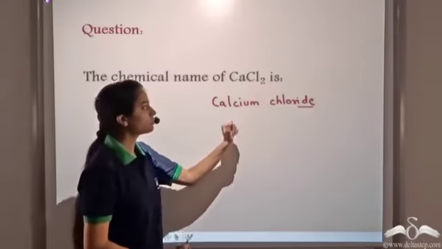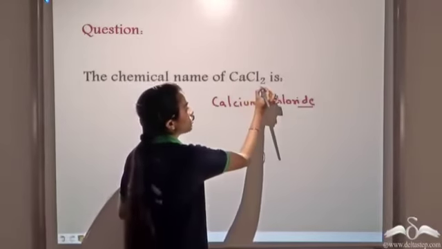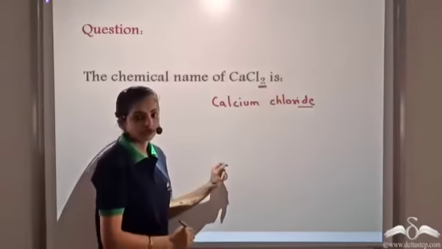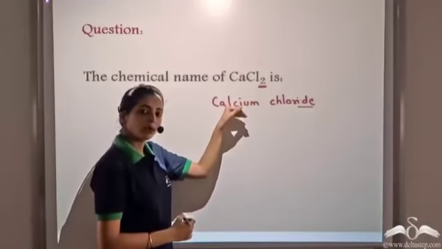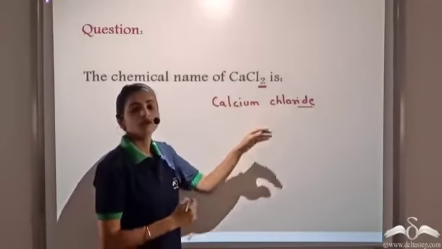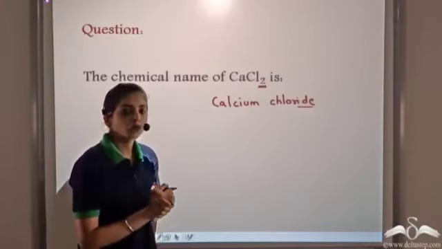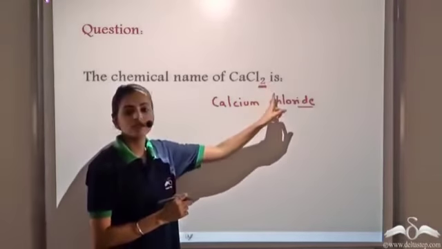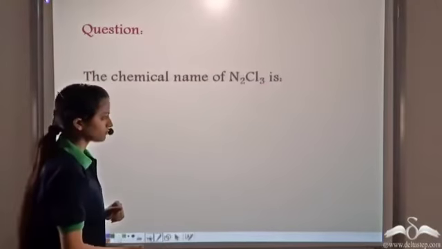But you observe, when we have a metal and a non-metal, we ignore the number of atoms which are present. We do not consider this 2 while naming the compound, but this is not the case when we have 2 non-metals. Whenever we have 2 non-metals, we always consider the number of atoms present in both the non-metals.